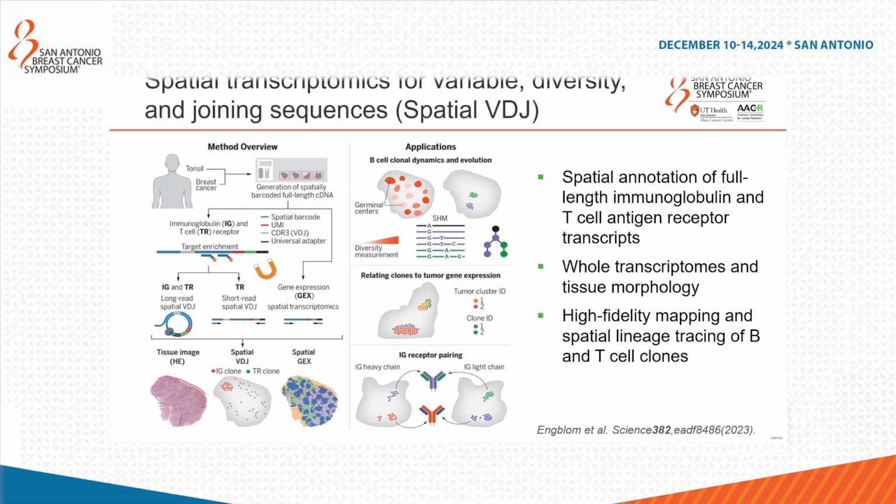This is a method, the spatial VDJ, that was published by Camilla Engblom and colleagues a year ago in Science, showing that spatial annotation of full-length T-cell antigen receptor transcripts is possible, providing both whole transcriptome and the tissue morphology at the same time. And it is a very promising method for high fidelity mapping of the spatial lineage tracing of the B and T cell clones.